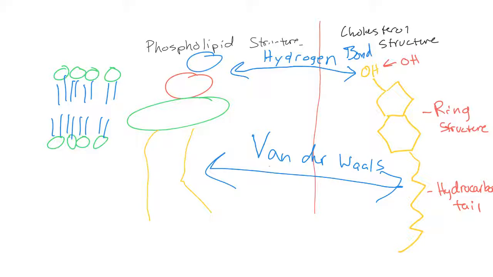So cholesterol fits right into the phospholipid bilayer. It's not as big, it's a little bit smaller. And what it helps to do is break up a little bit of the structure so those tails don't get stuck together. And if there's too many of the, especially the saturated tails in there, it won't allow anything in.